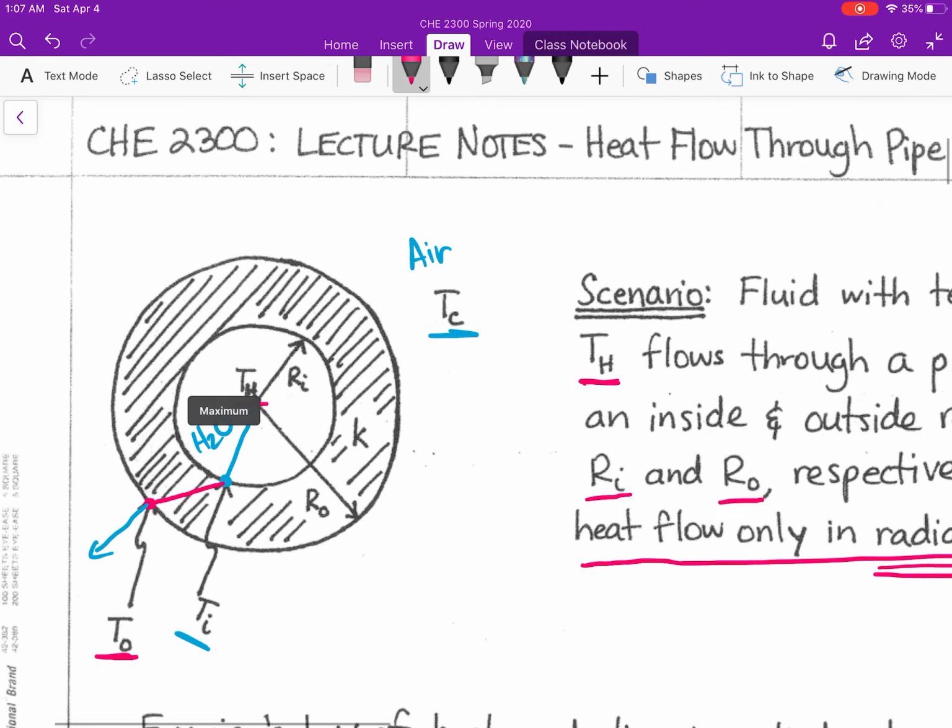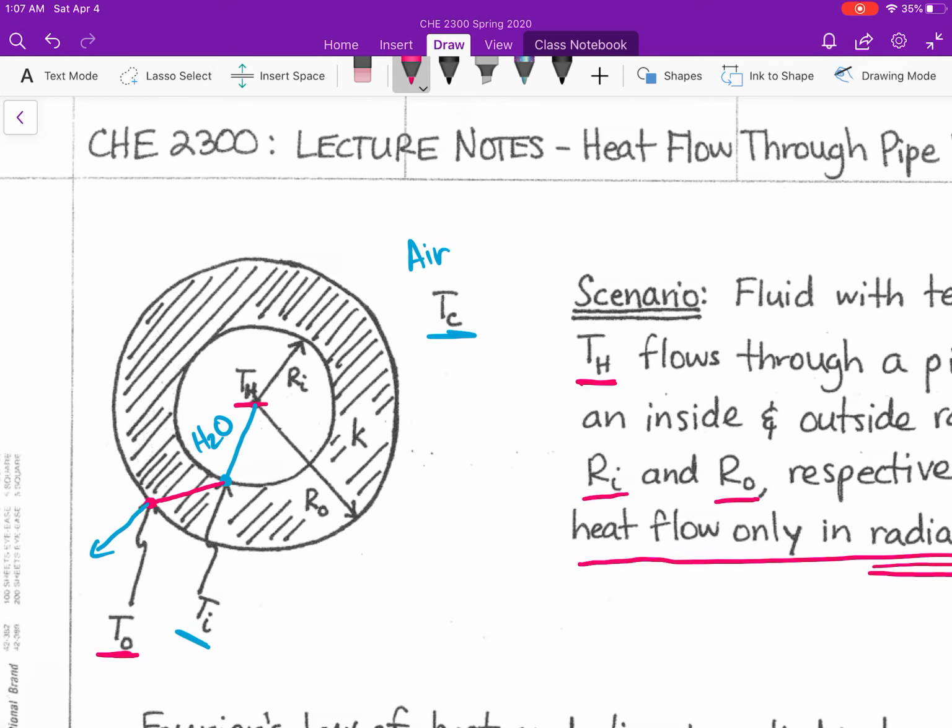Hopefully, as you can see or appreciate, if we look at this picture of our pipe, as we move from the inner surface of our pipe towards the outer wall of our pipe, the area through which heat transfer is occurring is changing because the radius of my pipe is changing, right? And the area through which heat transfer occurs is 2 pi RL.